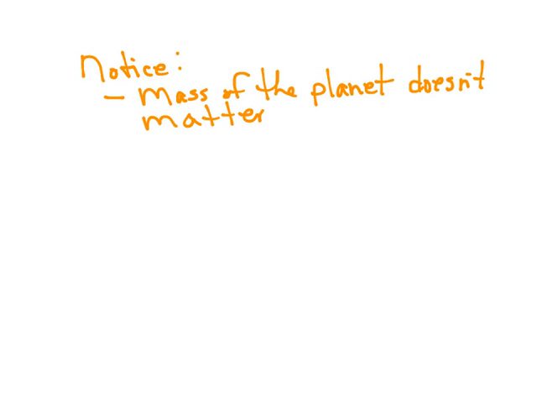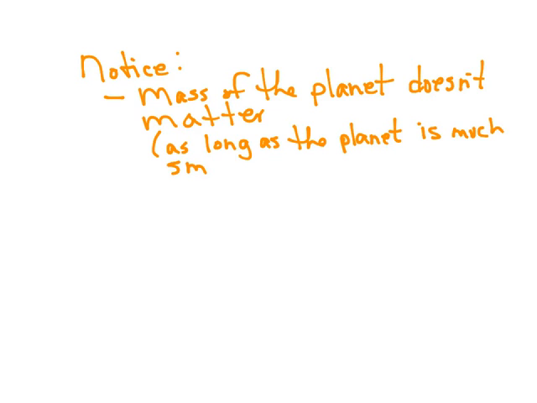Now, there is a kind of parenthetical: as long as the planet is much smaller than the star. Because this rule works for anything orbiting anything else. It works for two stars orbiting each other.